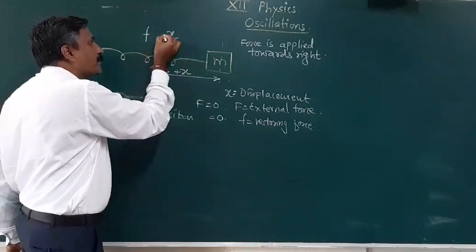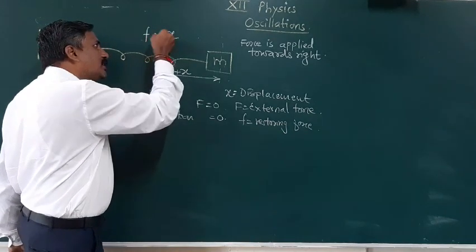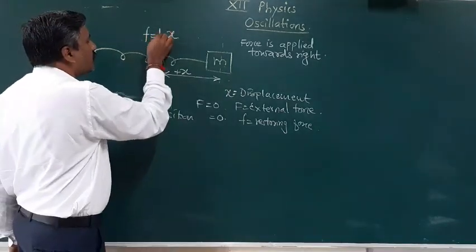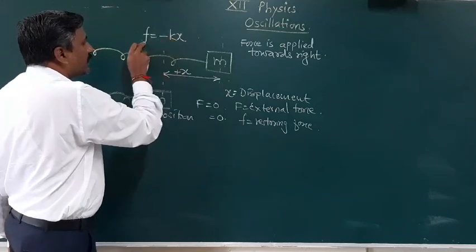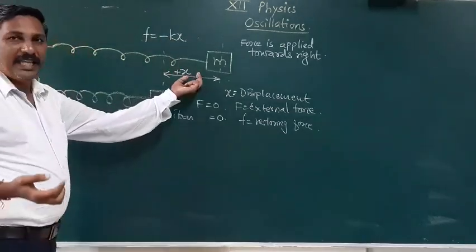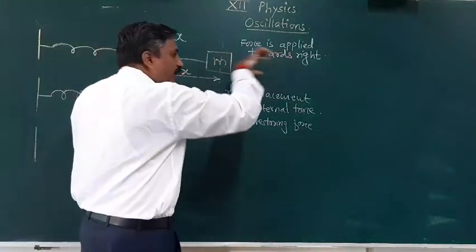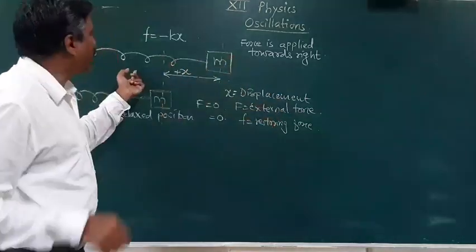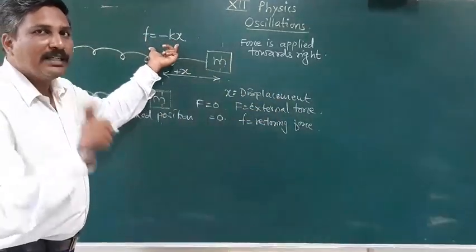Both are opposite to each other and both are proportional. To remove that proportionality sign, we add a constant. That internal restoring force brings the block towards the left, and the block is moving towards the right because of the external force. So my equation becomes F equals minus Kx.